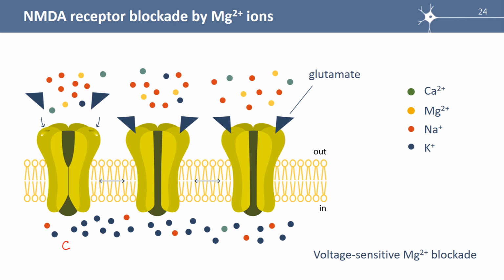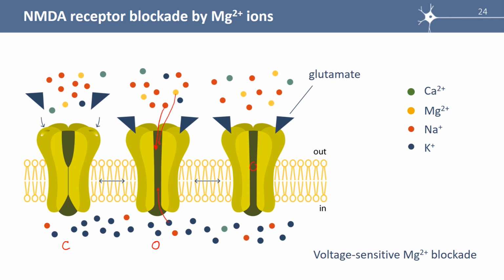In summary, the NMDA channel is closed. Now, if two molecules of glutamate bind to the receptor sites here, the channel will open. Due to their electrochemical gradients, because the channel is cationic, the cations are going to go through the channel. Sodium ions go in, also magnesium ions, and potassium ions exit.